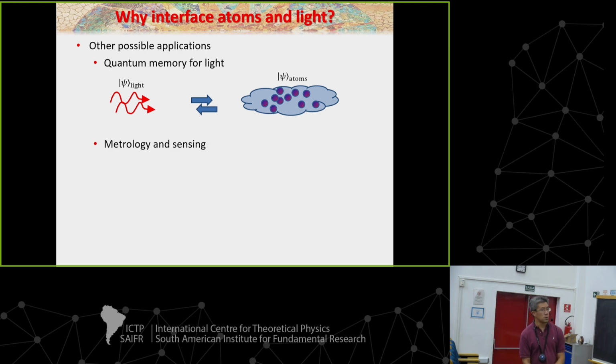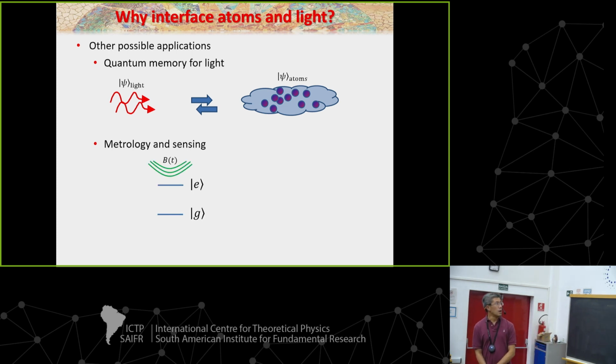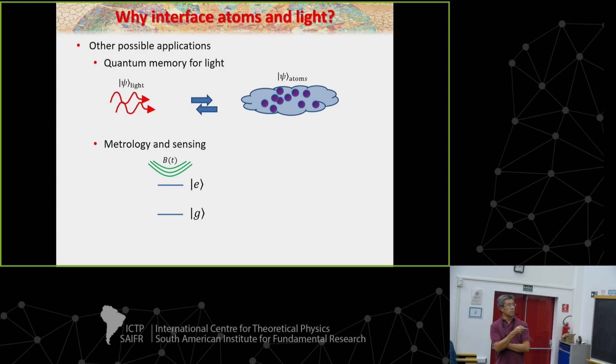Atom-light interfaces are also very useful in quantum metrology and sensing. If you want a kind of cartoonish view of that, for example, if you had either static or time-varying magnetic fields, your atomic levels are usually sensitive to that. So a magnetic field might cause your excited state energy, or the difference between ground and excited state energies, to oscillate as a function of time.